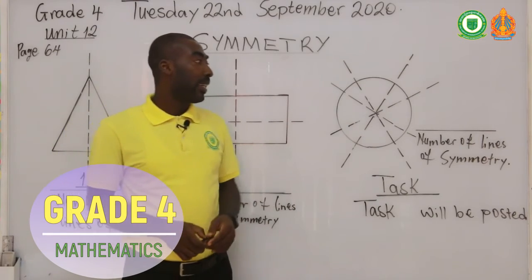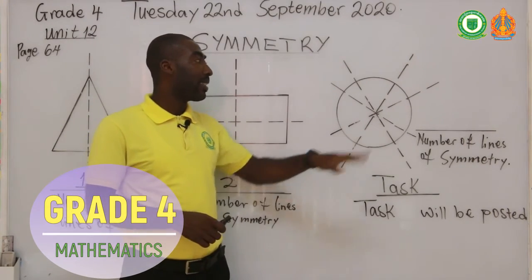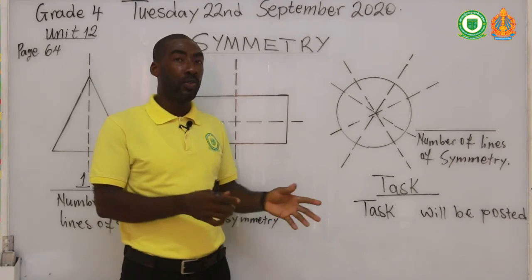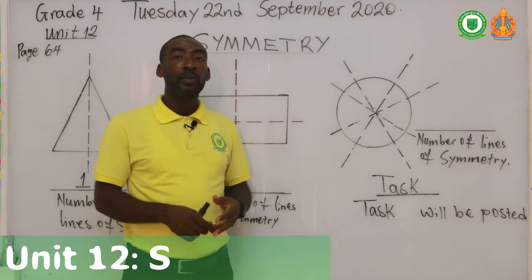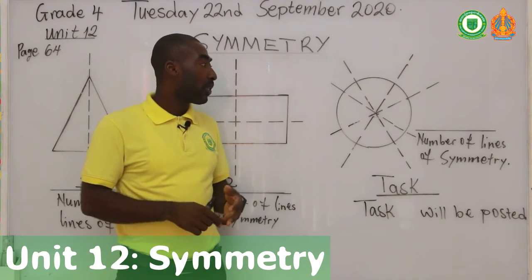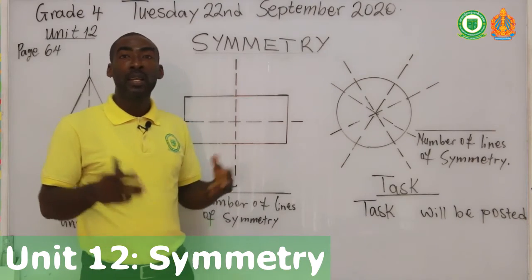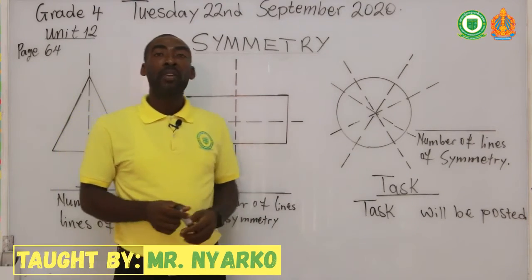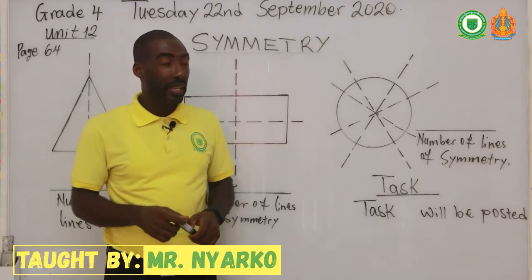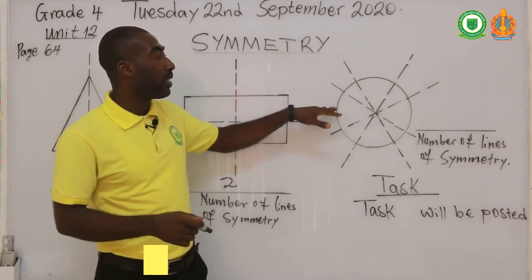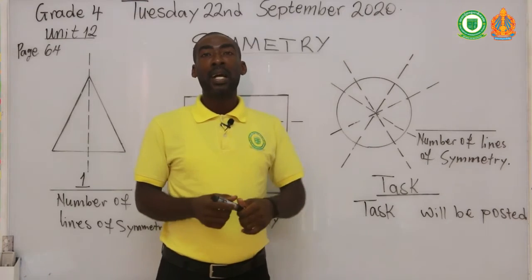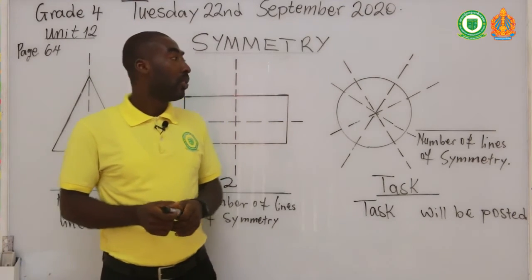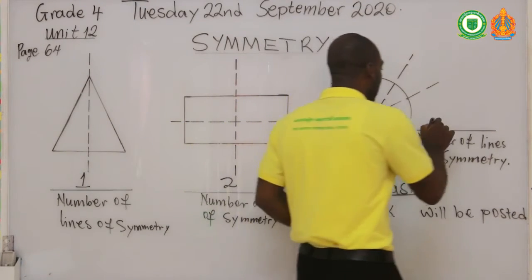So let's look at a circle. In our first video, I told you that a circle can take as many lines as possible, up to infinity. I've only drawn a few lines here, but you can still draw as many as possible.